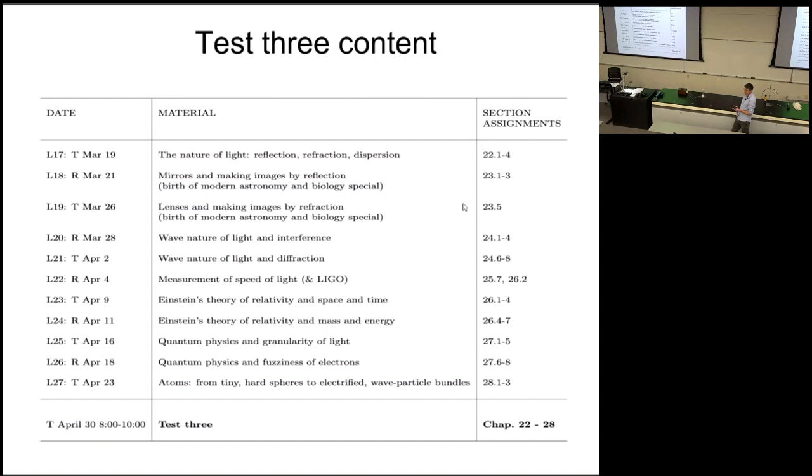We talked about reflection, refraction, diffraction. We talked about making images with lenses and making images with mirrors. We talked about interference of light, diffraction of light, and the speed of light. So all these lectures here.